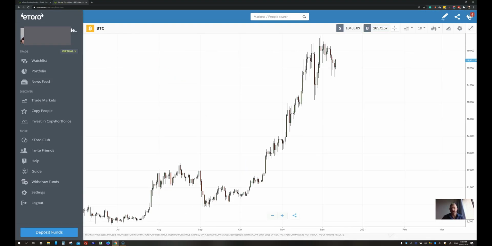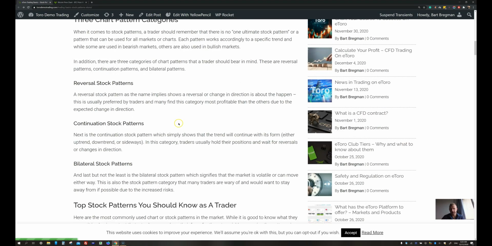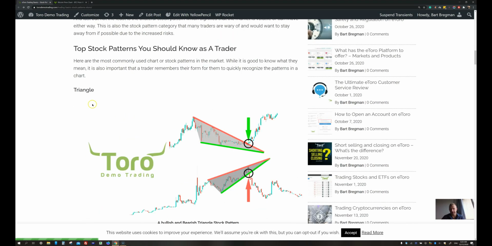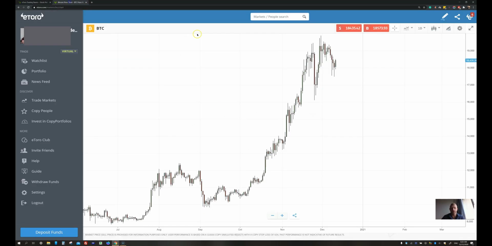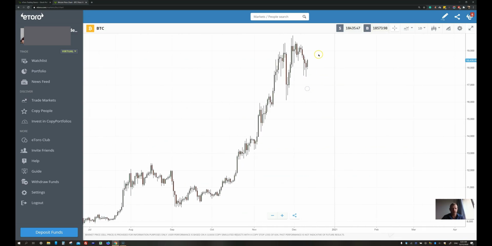All right, so Bitcoin, if we go back here to our article, the first pattern we're going to have is triangles. And triangles are very common and are a very helpful tool to spot price action in the market. Now, at the current moment, we have Bitcoin at 18,000, near the all-time high. And the beautiful thing is, we can even draw a triangle here as well, because if you look at it this way and then one like this, you can see Bitcoin is creating a triangle.